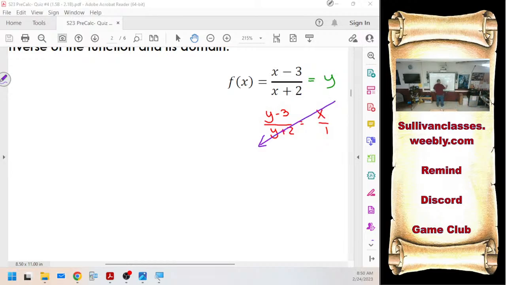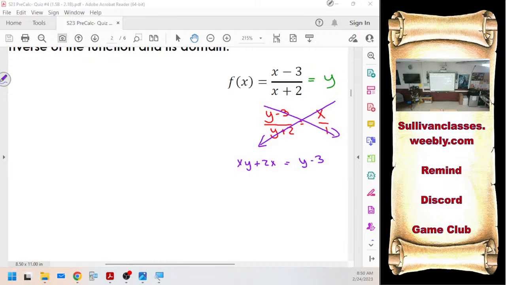So cross multiply, remember to distribute: xy plus 2x, y minus 3. The goal is to get that y by itself. So I want all my y stuff together. Okay? This is where some of us get the negation of what everyone else is getting, right?